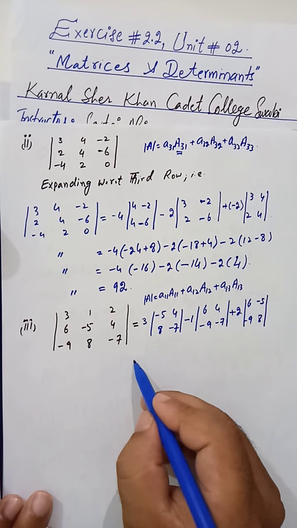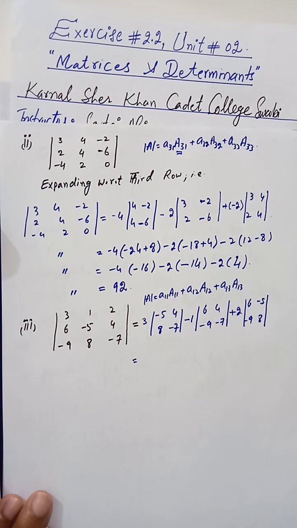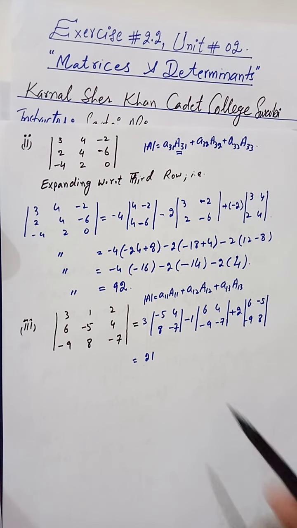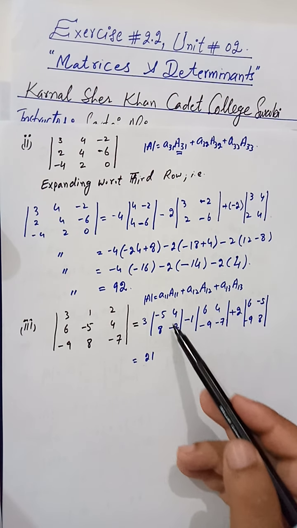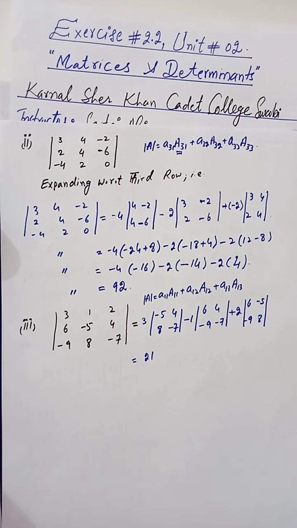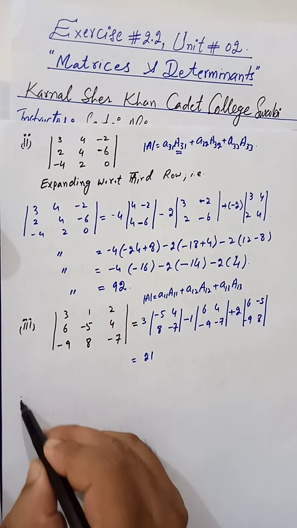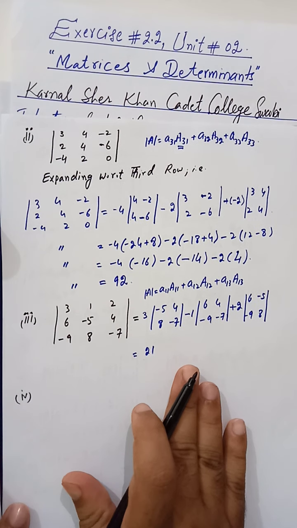So you will get this. After simplification, you will get the answer equal to 21. So this is part number 3. You can find the determinant of these by just multiplying the diagonals and non-diagonals and putting minus in between. Okay, part number 4.